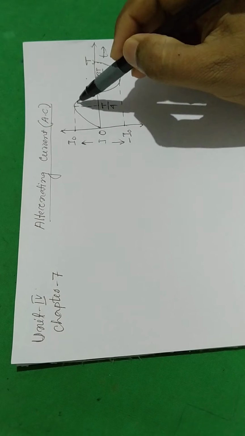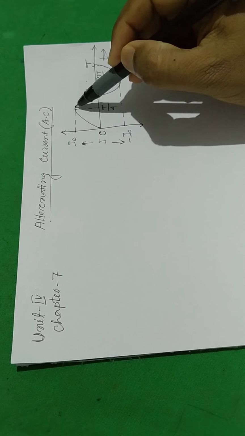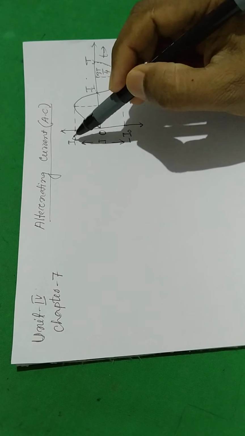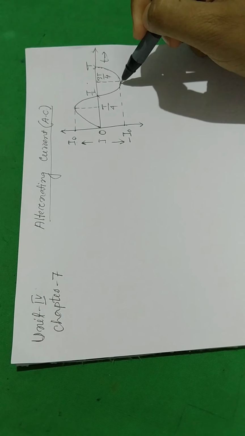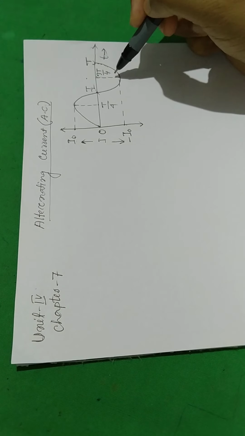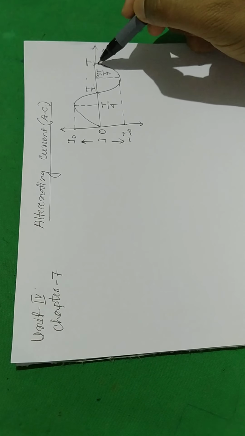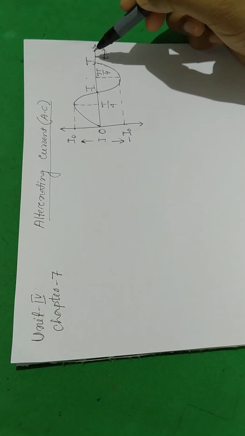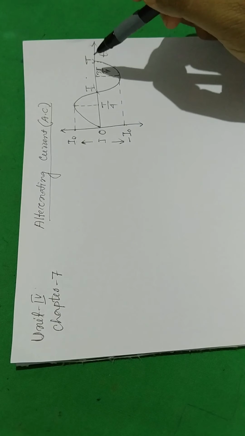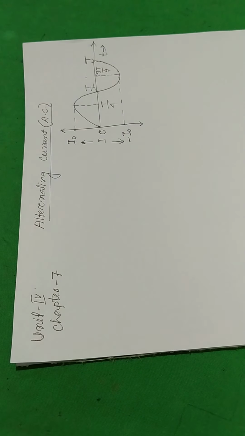Here plus maximum value I naught, plus I naught. This is also maximum value and this is also maximum value. Again after time T by 4, the current decreases and at time T, current becomes 0. So in this way the polarity of current becomes once a positive value, once a negative value.